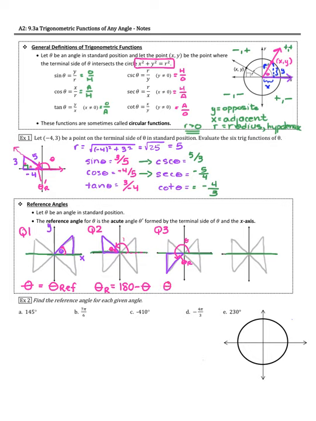So to find the reference angle, you're going to take whatever theta is and subtract 180 degrees. To be perfectly honest, I don't use these formulas. They're nice to know, but really you're just reasoning out what is the distance to the nearest x-axis. So for instance, in quadrant 3, if I gave you a 210 degree angle, well, how close am I to the nearest x-axis, where this is 180 degrees? My reference angle would be 30. It's that little angle in the triangle.